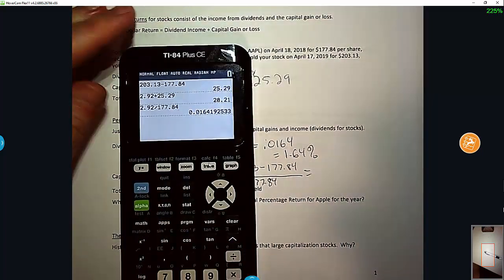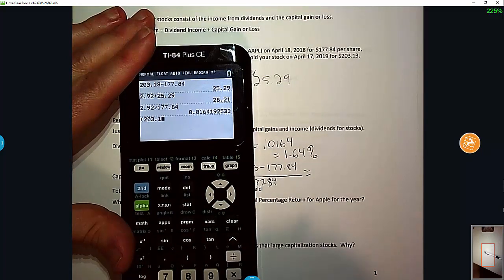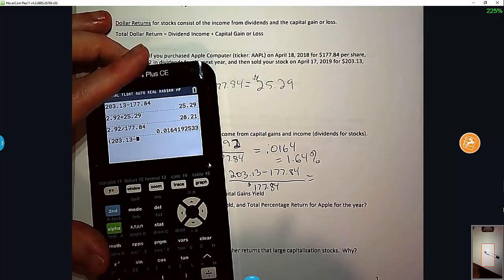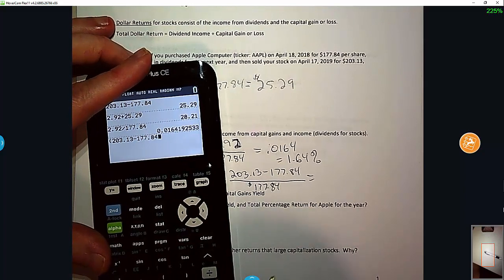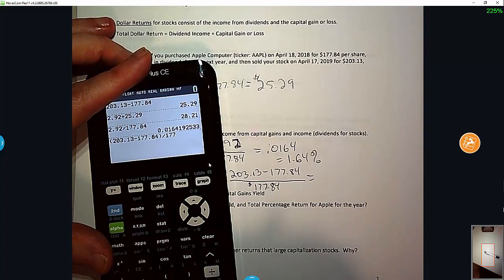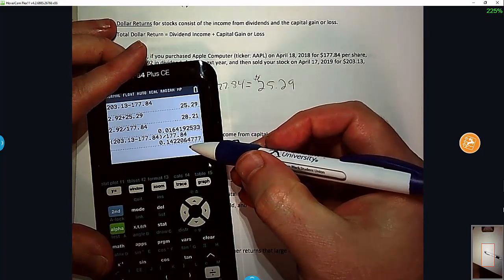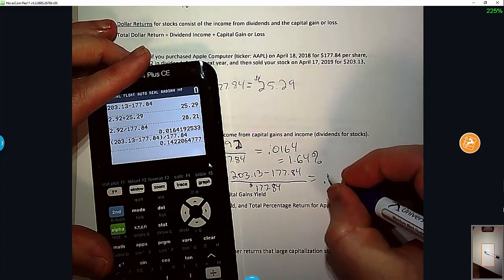And so that gives us a capital gains yield of 14.22%.